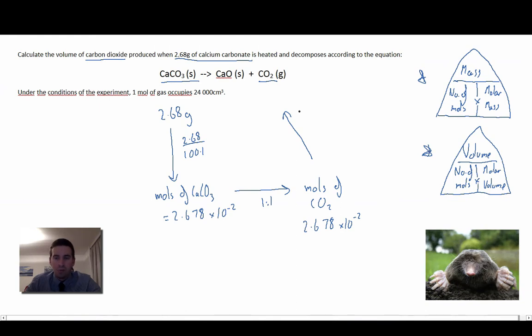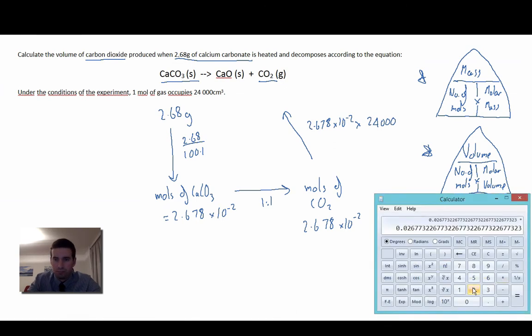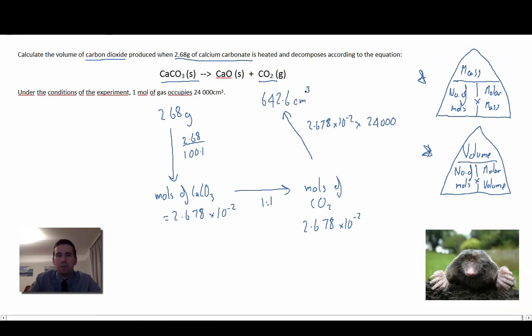We have the moles, we want the volume. So you cover volume, so it's the number of moles multiplied by the molar volume. Molar volume is 24,000 centimeters cubed. So put that into your calculator, which comes out at 642.6 centimeters cubed. And that is our final answer, because we were asked to find the volume of carbon dioxide.